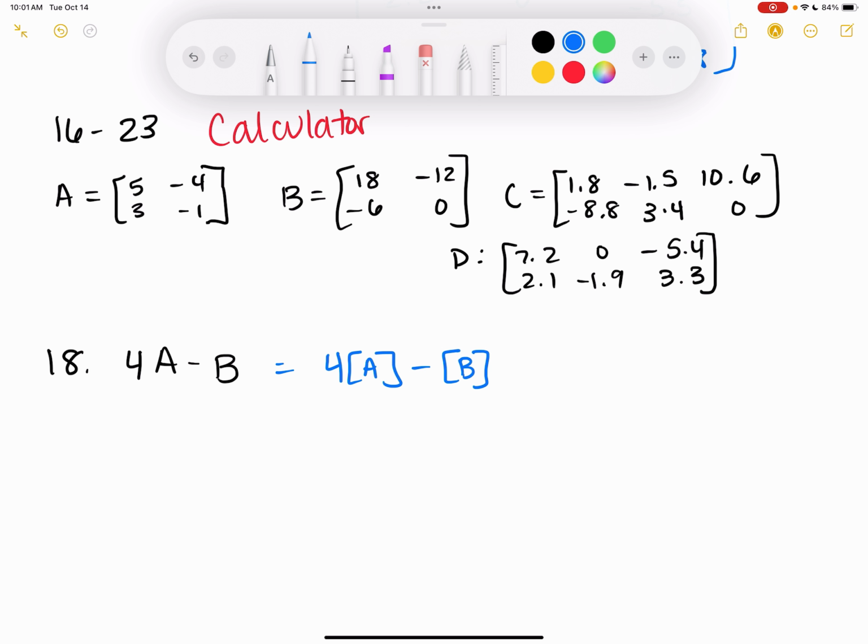Shouldn't it be 2, -4, 18, -4? Hold on. How do I do this? 2, -4, 18, -4, yep. Yay. Okay.